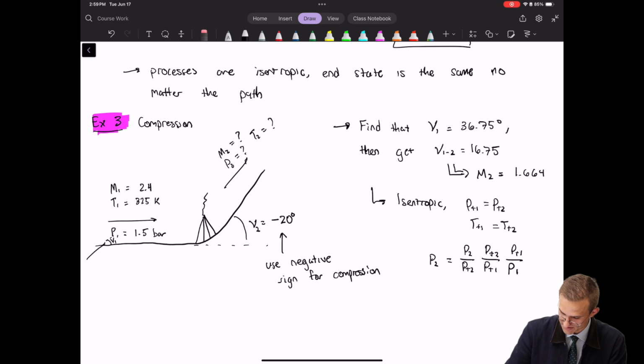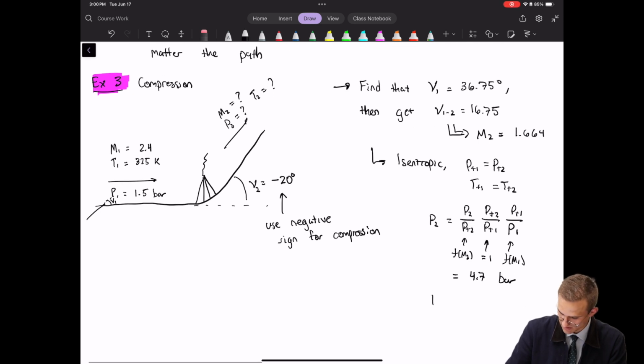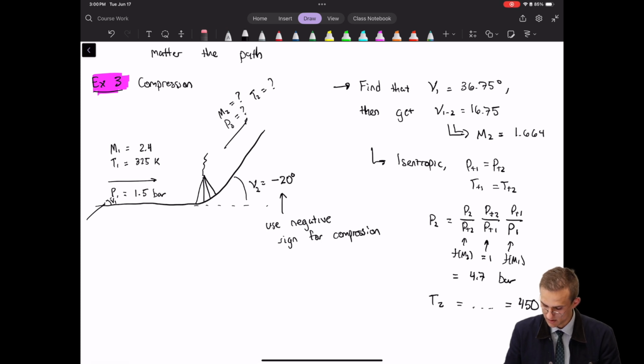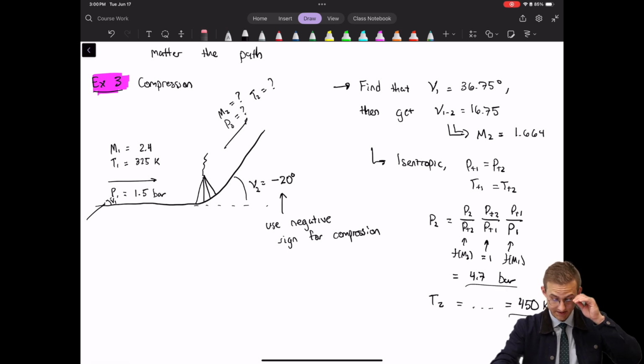The first is just a function of M2, the next is just a function of M1, and PT2 over PT1 is equal to 1. What you end up with in that case is 4.7 bar for P2, and T2, with much the same reasoning, ends up being 450 Kelvin. Okay, hopefully that makes sense.